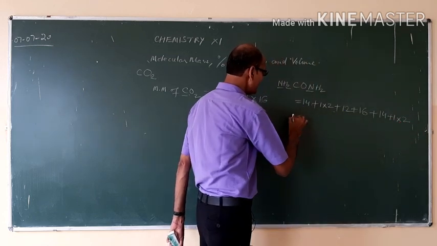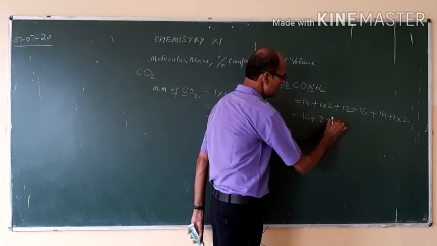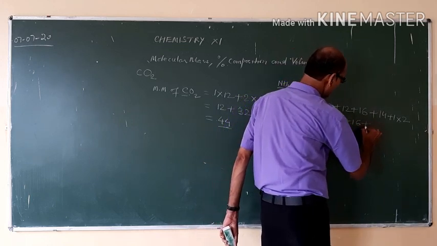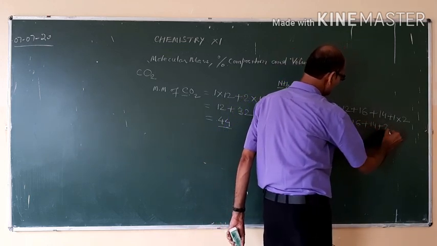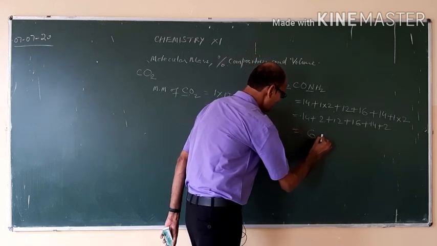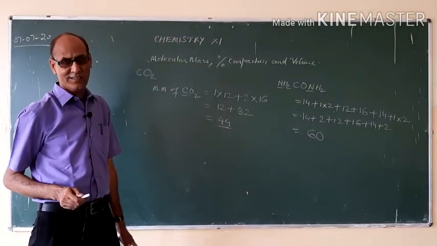So this is 14 plus 2 plus 12 plus 16 plus 14 plus 2. This equals 60. The molecular mass of urea is 60.